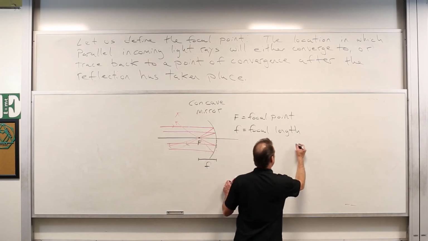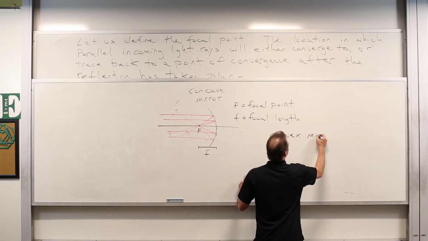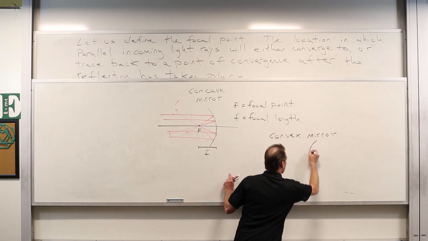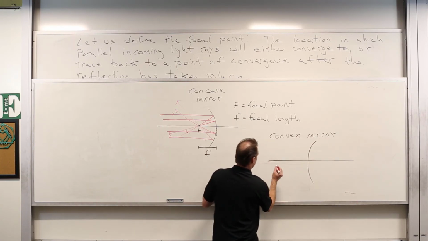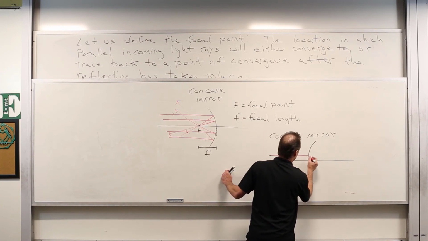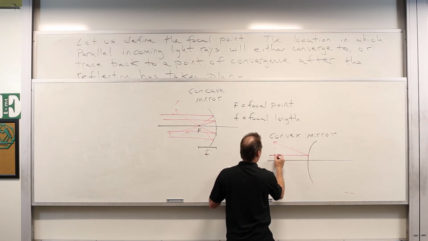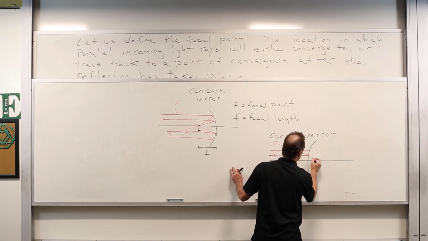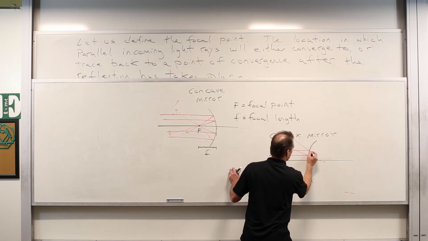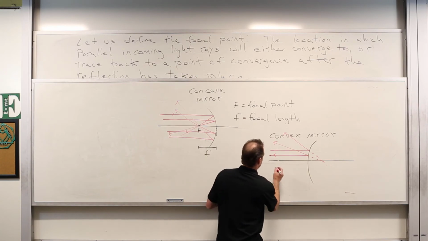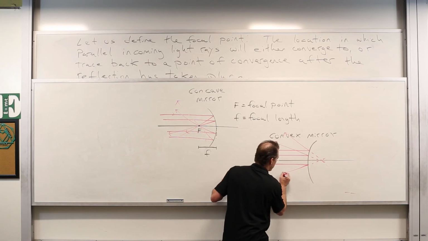We'll draw out a convex case too. Convex mirror. This one gets a little bit messier, but that's okay. Take this one, and it goes off like this. This one goes off like this.